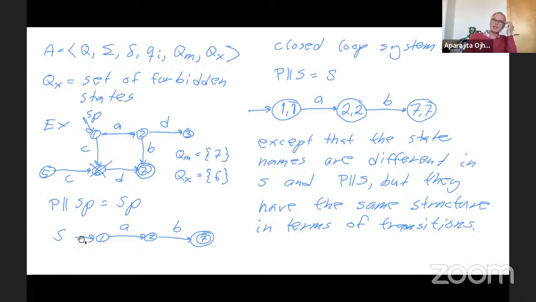But maybe it's easy just to say, okay, you're free to have any names on your states, but they must have the same number of states, and you must have the same transitions between the states. So if you don't care about the state names, they are exactly equal. And then you are free to put any names of the states you like.